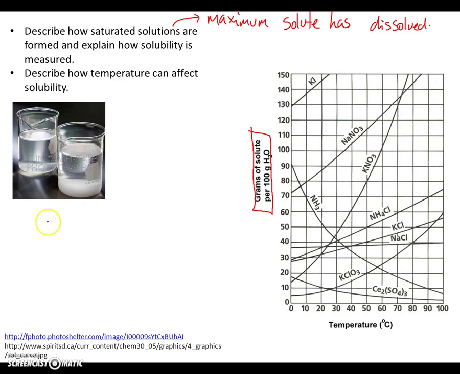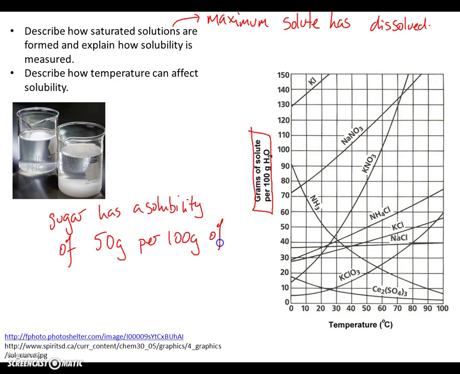For an example, you could say that sugar has a solubility of, just making up a number here, 50 grams per 100 grams of water at a particular temperature.